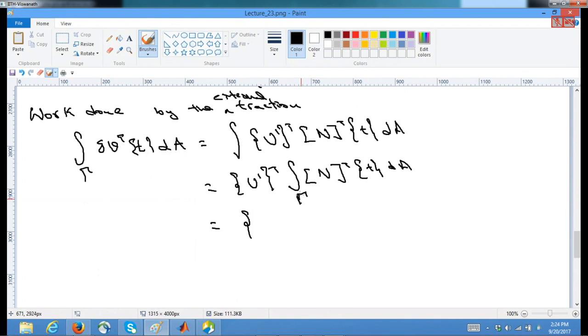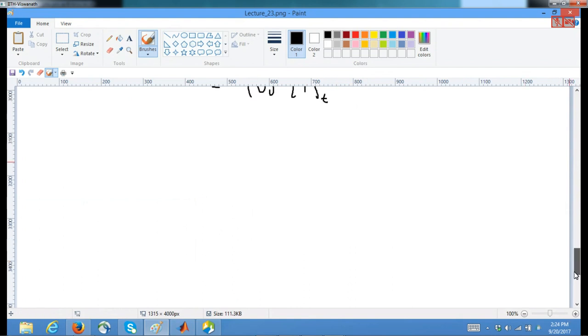This integral is over the surface gamma t to be specific, because there is nothing mentioned on the gamma u. So this is u dash transpose times F traction forces.